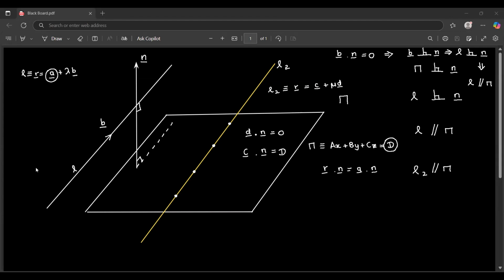So let me summarize this for you. Let's say there is a line L given as r = a + λb, and the plane phi is given as ax + by + cz = d, where n is the normal vector.